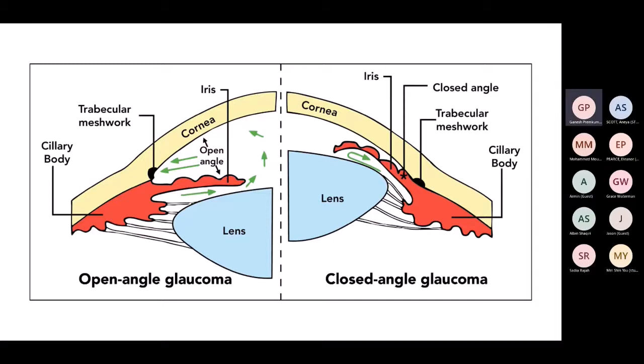The problem with closed angle is essentially that the angle between the ciliary body and the actual lens is being closed off. So the fluid being produced by the ciliary body can't travel into the anterior chamber. It starts to build up in the posterior chamber, and very quickly the intraocular pressure starts to rise, and that will very quickly start to cause damage to the optic nerve.